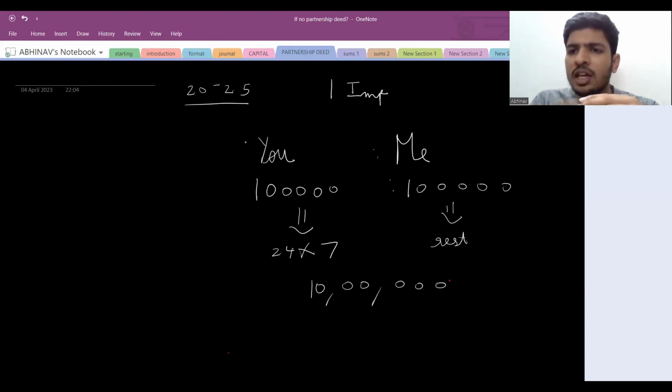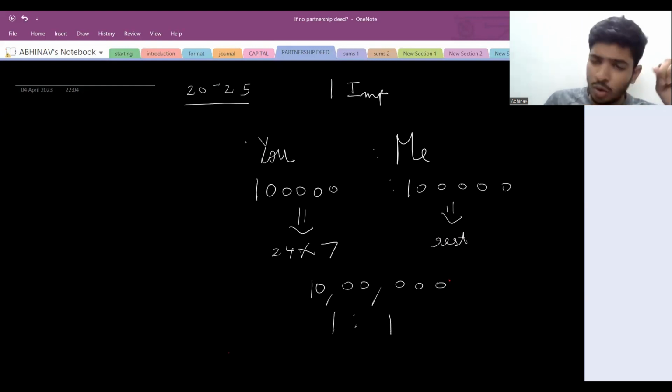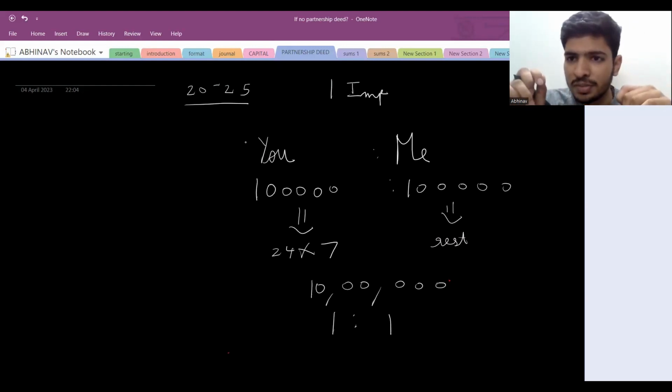Now, at the end of the year, I come and tell you that, see, I understand you worked a lot, but since we contributed equal capital, shouldn't the profit be divided in the ratio of 1:1? To be honest, I didn't deserve even 1 rupee of the profit, but I come and tell you this.